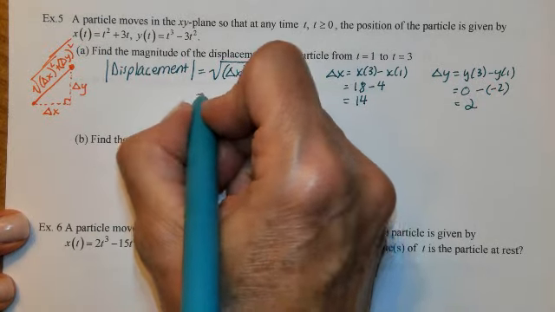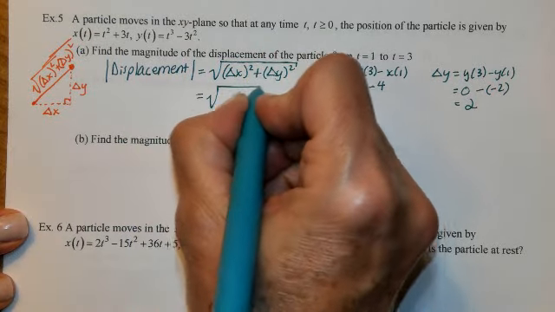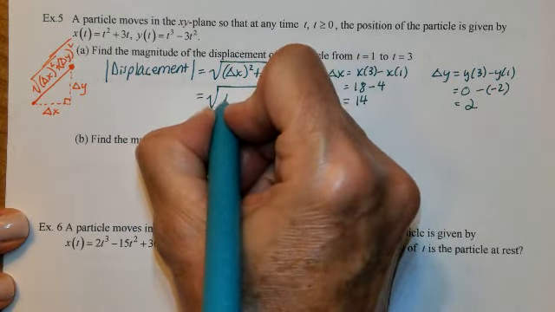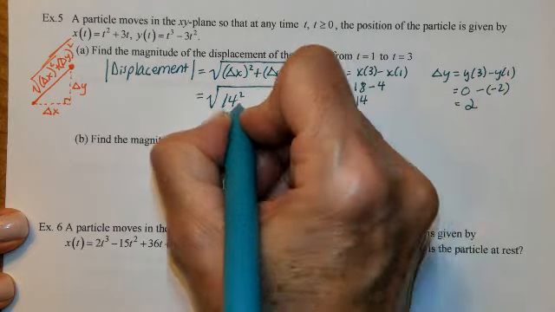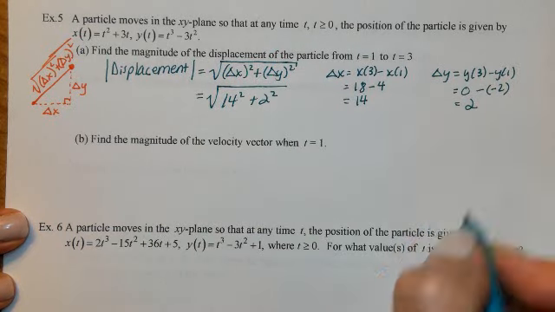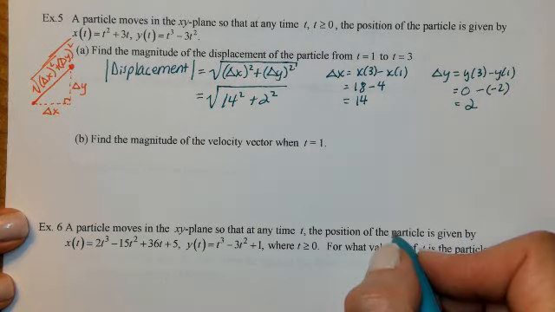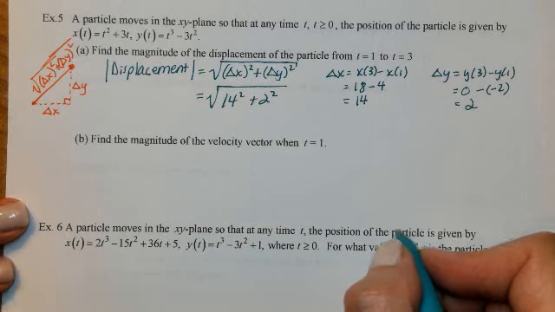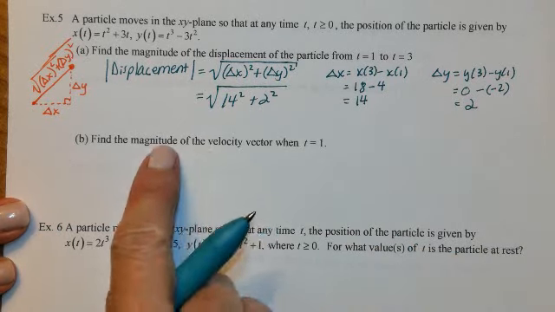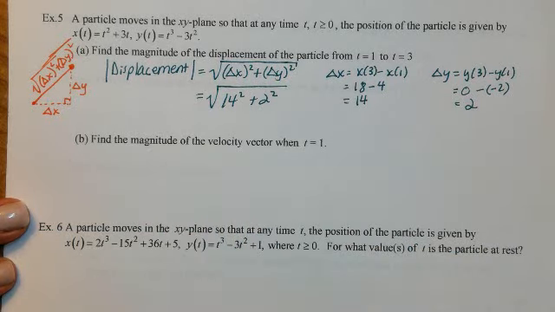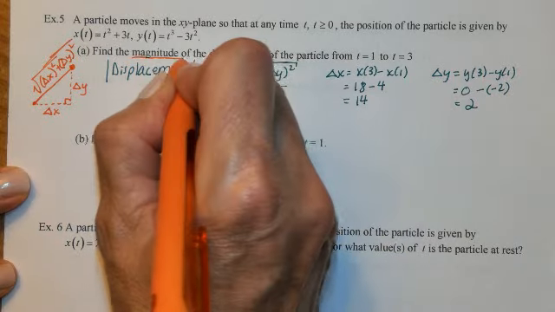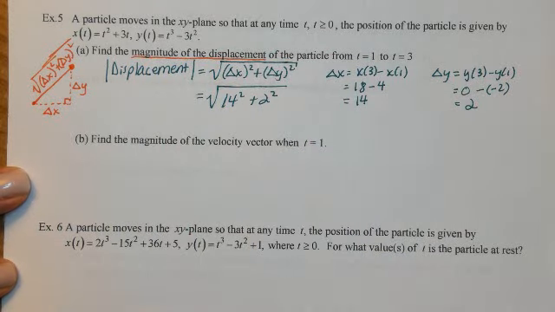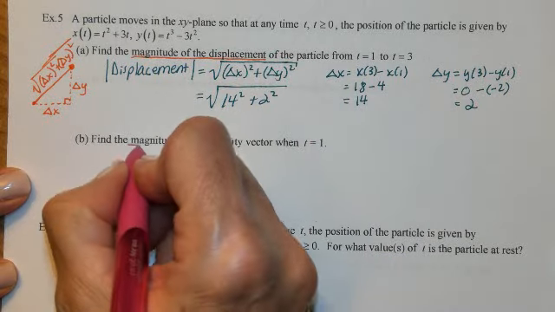So our displacement is the square root of 14 squared plus 2 squared. And I'm just going to stop there. What about the magnitude of velocity? So that was magnitude of displacement. What about magnitude of velocity?